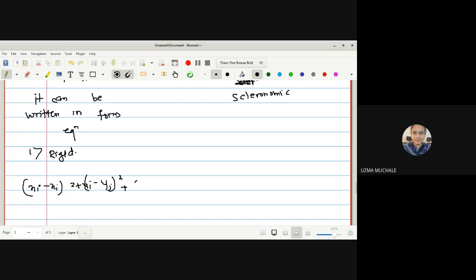I am simply writing the distance formula, the square root of (x minus a) square plus (y minus b) square and so on. So instead of writing that, I have written it in terms of xi minus xj, yi minus yj, and zi minus zj equal to some constant cj square.